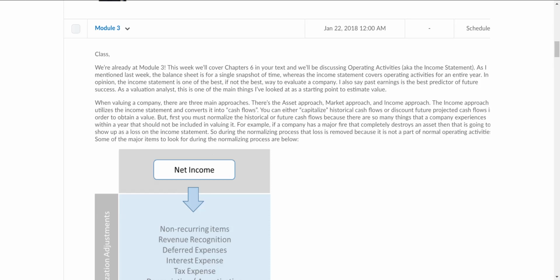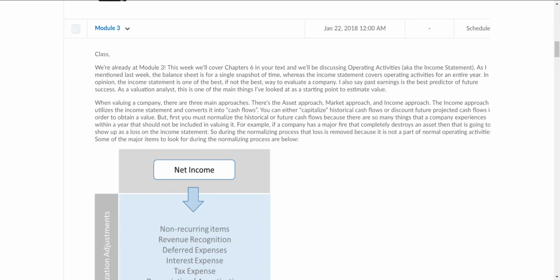The market approach uses comparables, either publicly traded companies or past transactions or acquisitions of companies, and it takes multiples, such as market value to sales, or price to EBIT, price to EBITDA, and so on. Those are the two methods that fall underneath the market approach.